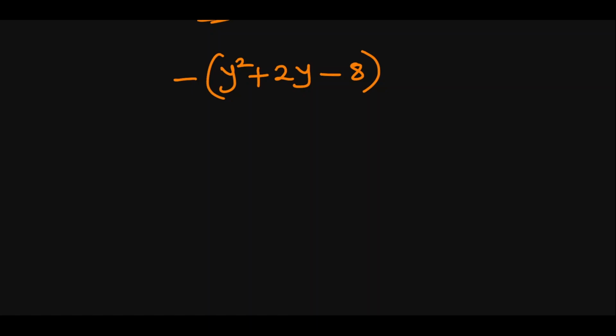Now, the best way to view this thing is that there is a 1 here. So, what is happening here is that minus 1 is now the multiplier. What is multiplying everything inside the bracket? So, minus 1 will multiply this. We multiply this with the operators, of course. So, minus 1 times y squared gives us minus y squared.